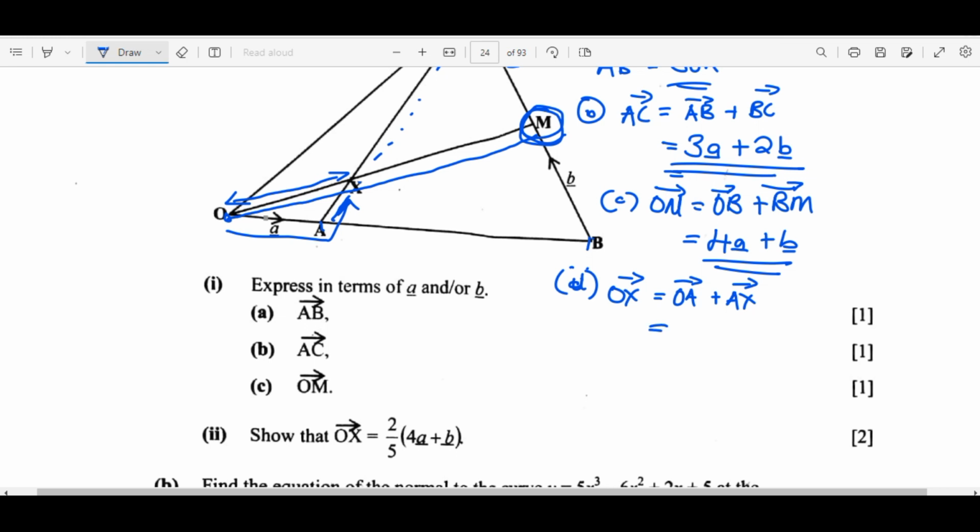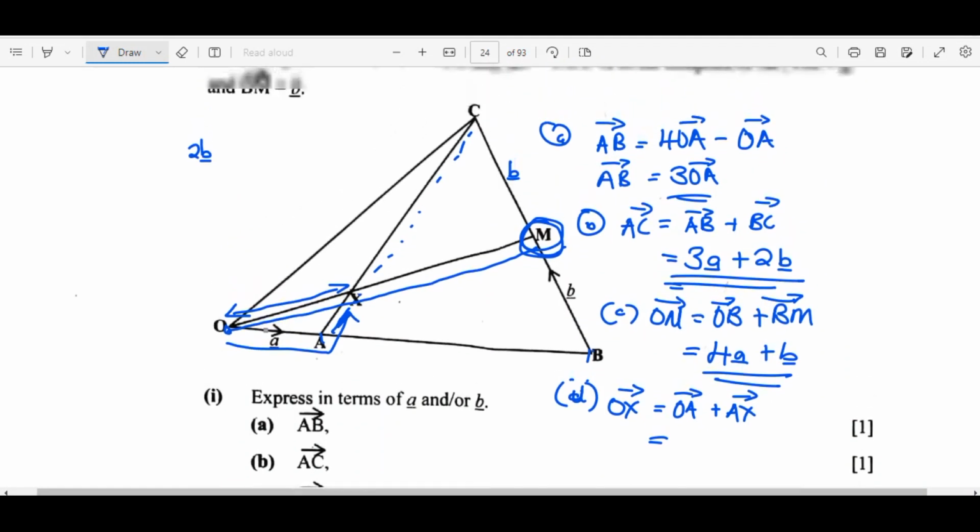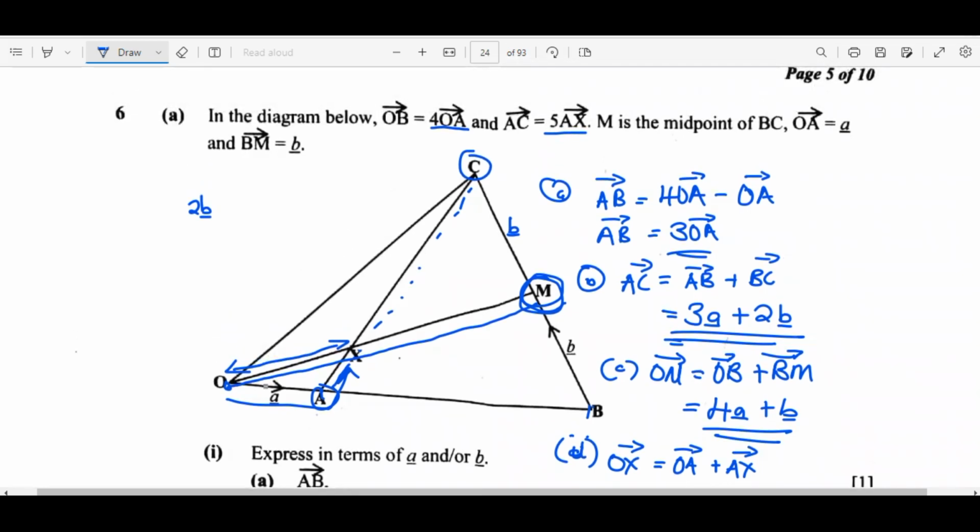So we can substitute there. Before that, we can say OC, AC, sorry. So AC, we've been given what AC is here. A to C, we've been given, that is here, which is 5AX.